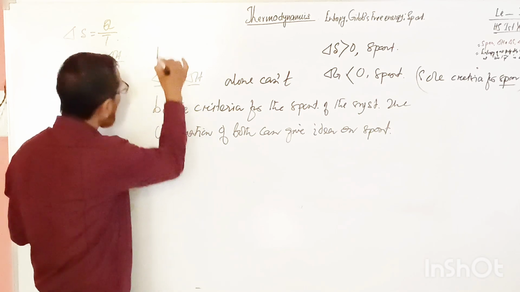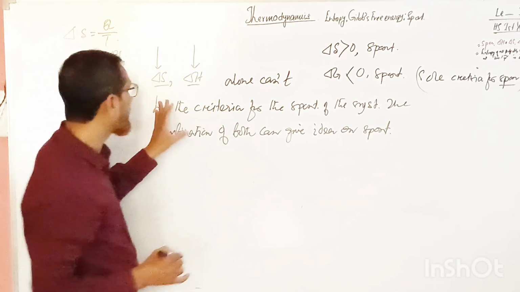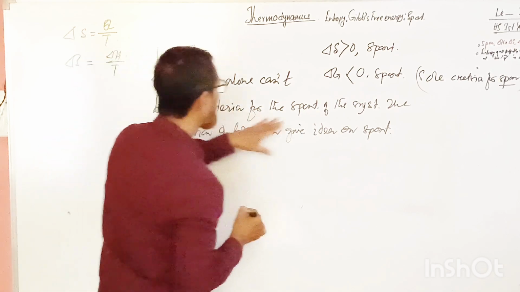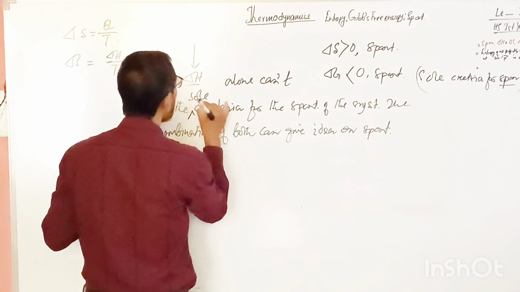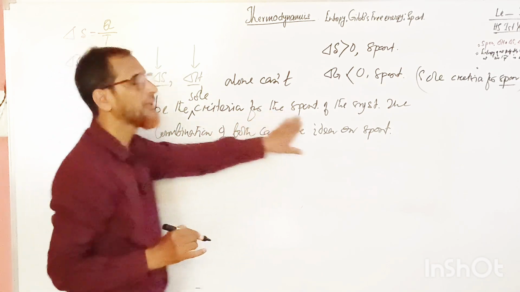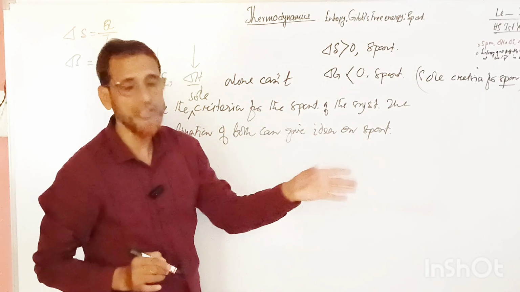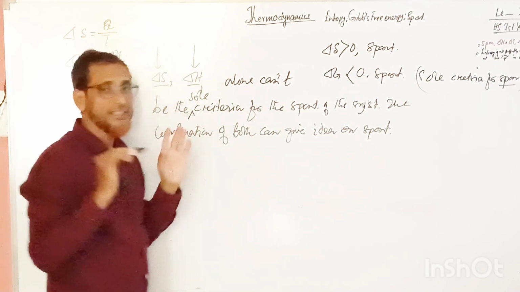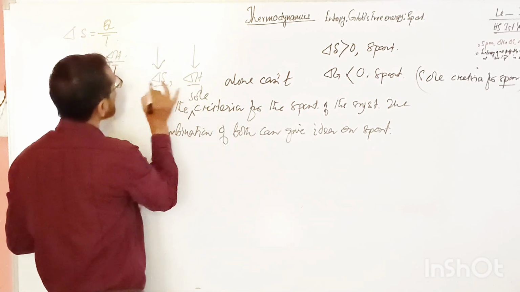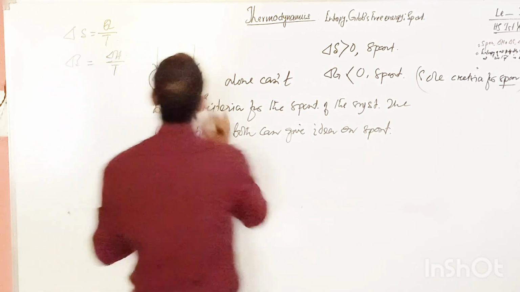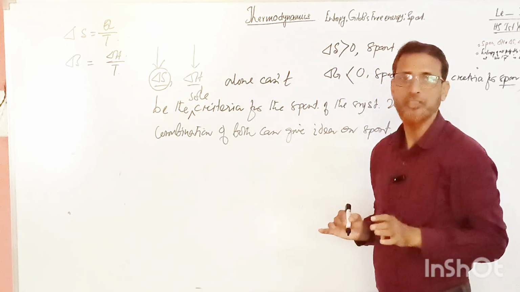Entropy change alone or enthalpy change alone is not the sole criterion for the spontaneity of a system. You cannot define whether a process, system, or chemical reaction is spontaneous simply by understanding del S or del H of the system.